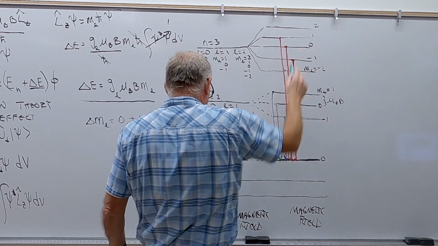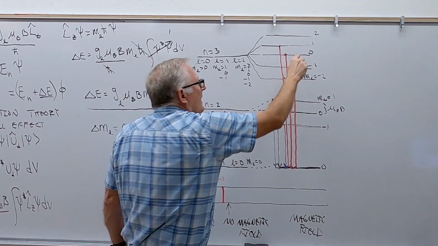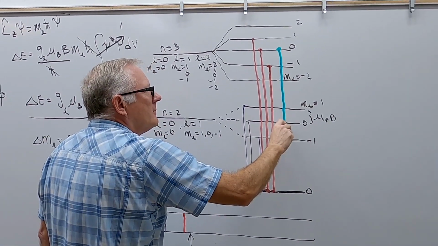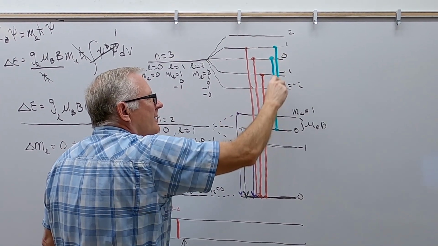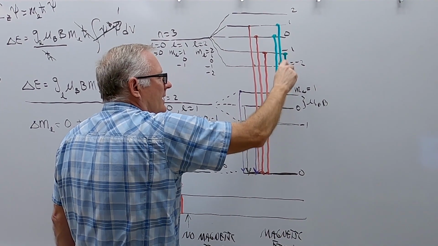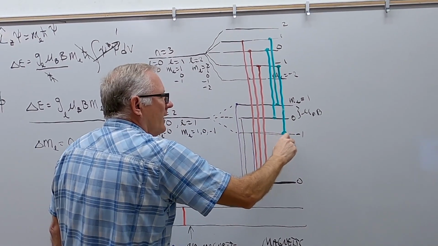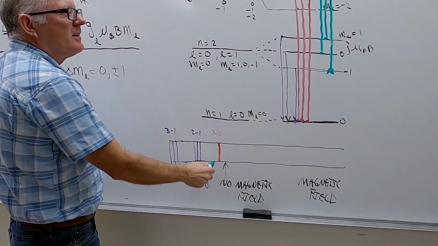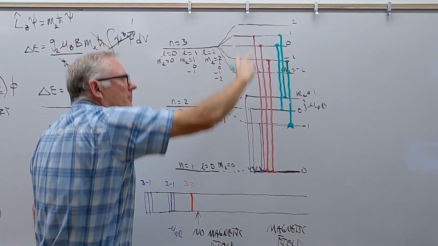Well, from 3 to 2, that was this line right here. If I went from 0 to 0, or from 1 to 1, or from minus 1 to minus 1, they would have all been right on here because these all shifted by the same amount.